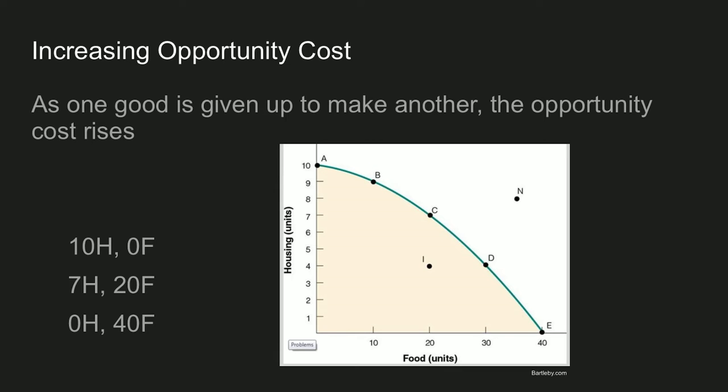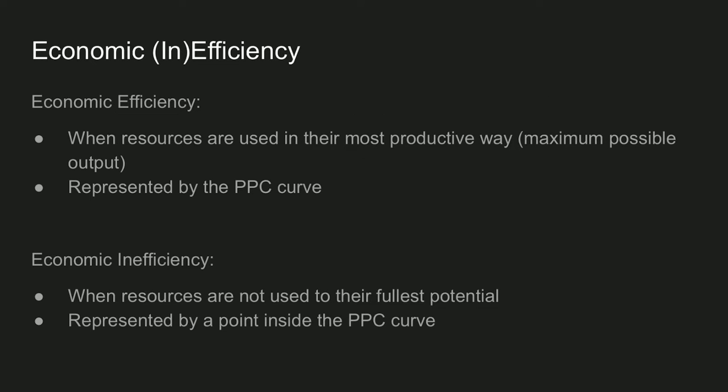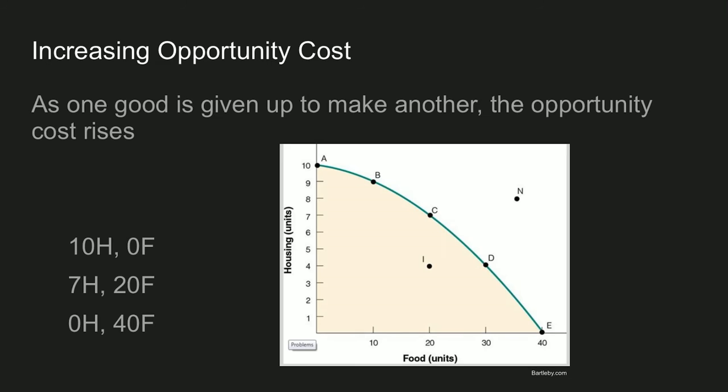The PPC is, as you can see, represented by the green line. As point N lies outside the PPC, it is impossible because it is outside our possibilities curve. Point I represents economic inefficiency, as I mentioned earlier. And this is when resources are not used to their fullest potential, and as we can see, is represented by a point inside of the PPC curve.